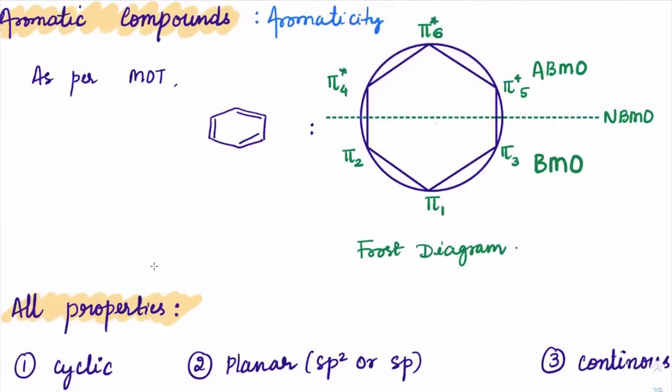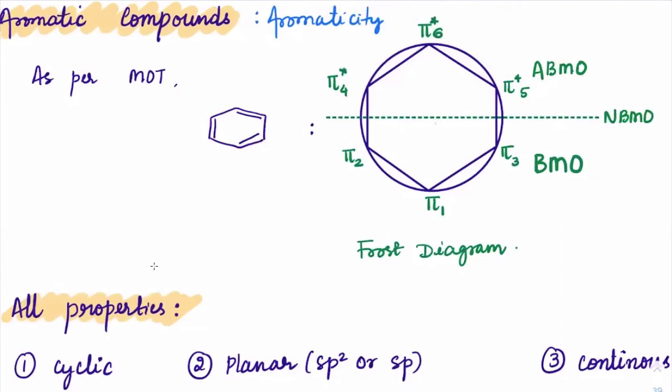If you analyze through its molecular orbital theory, it has been found that it has the maximum number of electrons in the bonding molecular orbitals, and there won't be any electrons present in non-bonding, neither will there be electrons present in anti-bonding molecular orbitals. That is the reason why benzene is attaining such a level of stability. This is according to molecular orbital theory, understand that.